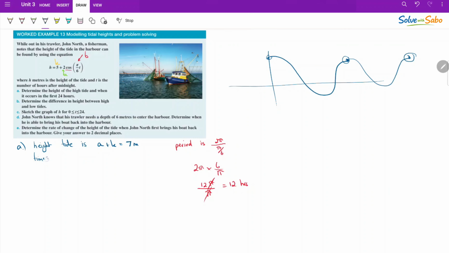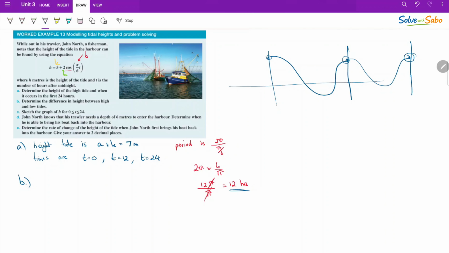So T equals 0. Then one full wave happens after 12 hours, so T equals 12. Then the next full wave is going to happen after another 12 hours, T equals 24. So far for me, transformations is the easiest way.